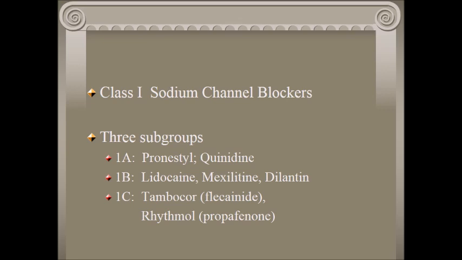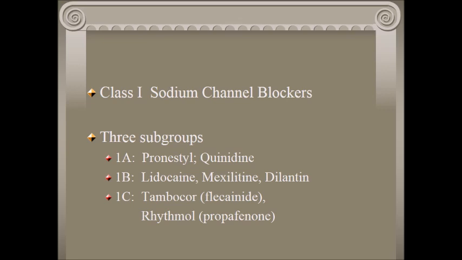They also are said to have very narrow therapeutic windows, meaning that levels below a certain point and above a certain point are not very good. For procainamide, the therapeutic window is from 4 to 10 micrograms per milliliter. Quinidine's therapeutic window is from 2 to 5 micrograms per milliliter.